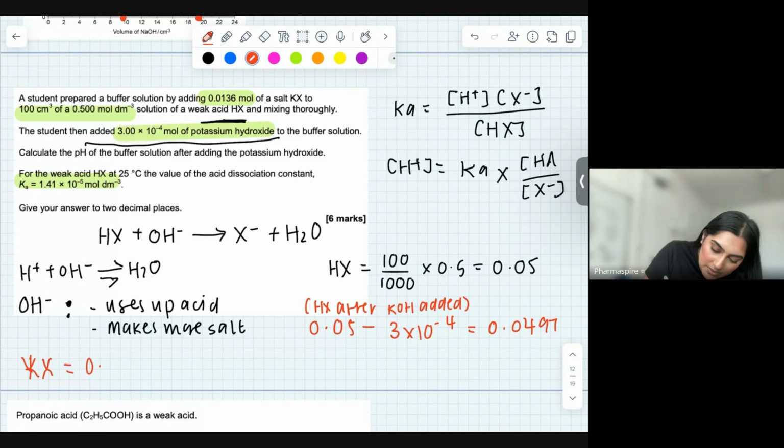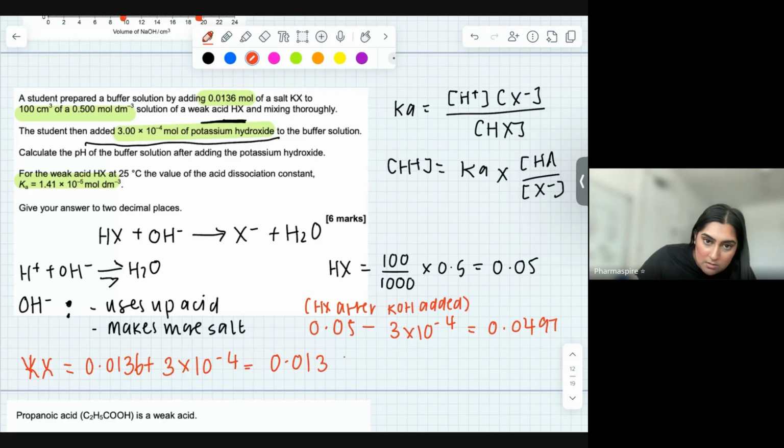So we have 0.0136, which is our salt, plus 3 times 10 to the power minus 4. That should give us 0.0139.